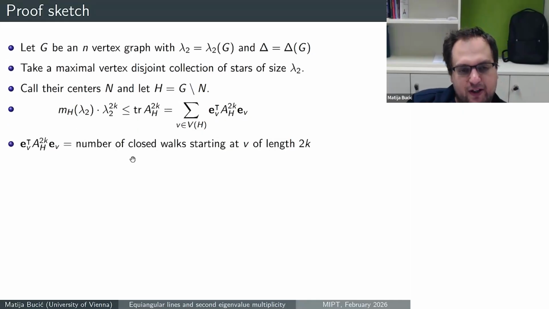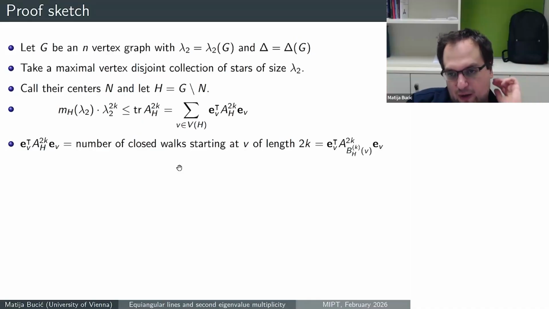And now combinatorially, we understand what diagonal entries mean. Namely, they just correspond to the number of closed walks that start at the vertex and have length 2k. This is one of the basic lemmas that is usually shown if you've ever seen some spectral graph theory before, and it's very easily proved by induction if you haven't seen it.